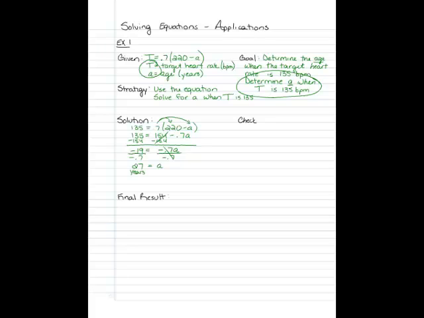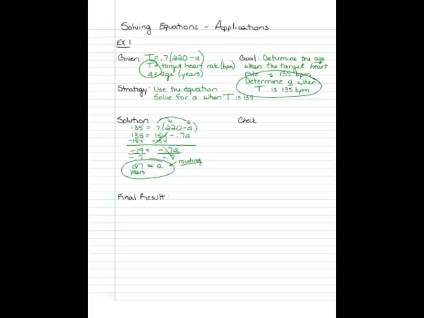And because we did do some rounding, I'm going to change this equal sign to approximately equal to. A is about equal to 27 years. That makes sense. So I'm going to make a little note here. I did do some rounding there. All right, so we have our answer.